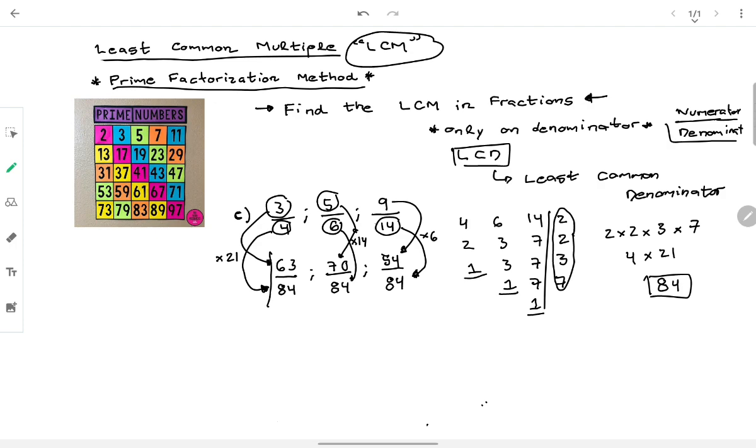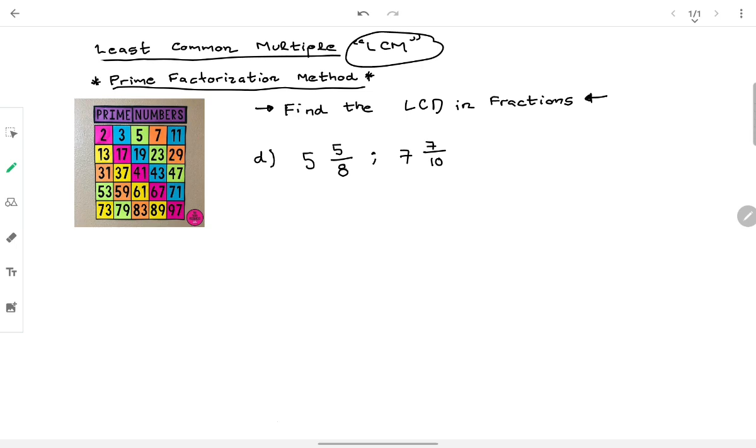So this is how we convert the fractions 3/4, 5/6, and 9/14 to the same or the common denominator. We will see only one more example with mixed numbers.